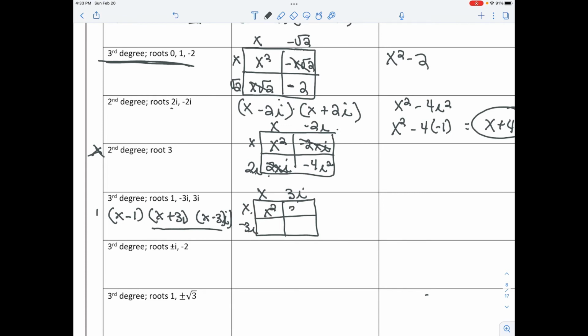So x times x is x squared. Notice that these in the middle keep zeroing out. And negative 3i times 3i would be negative 9i squared. So I am left with x squared minus 9i squared. But remember, i squared is negative 1. So this would be x squared plus 9. Now I'm not done, because now I have to multiply times x minus 1.